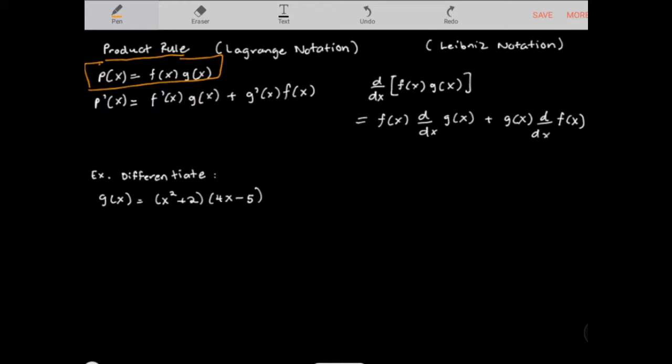Okay? And you can also express this using Leibniz's notation, right? So you do the derivative modifier, the derivative of a function with respect to x, right? So you do the derivative of g of x times f of x plus g of x times the derivative of f of x. Either way, both will mean the same thing.